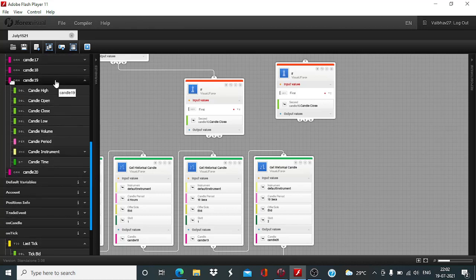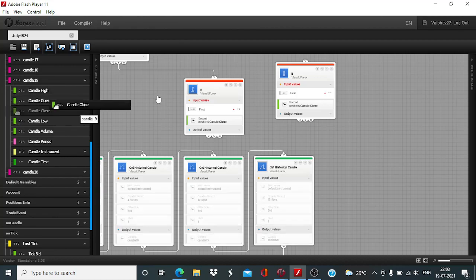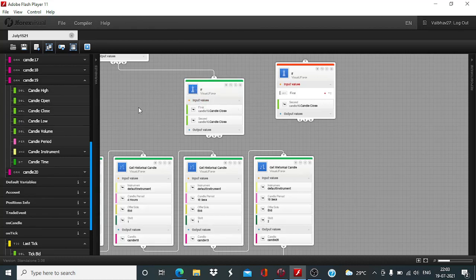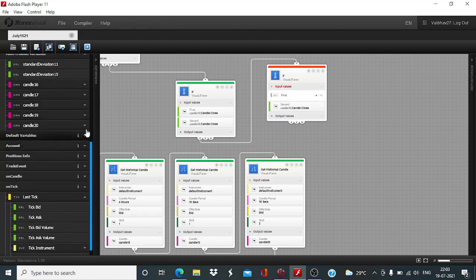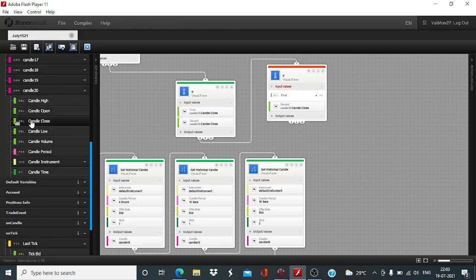Candle 19 should close lower. First input less than second input, whereas candle 20 should have closed higher.